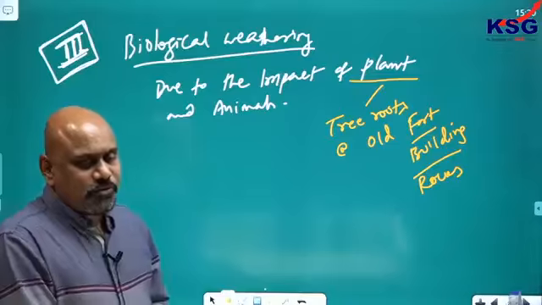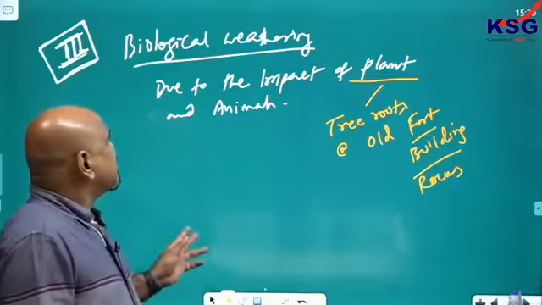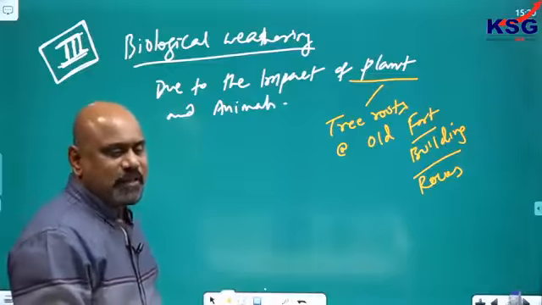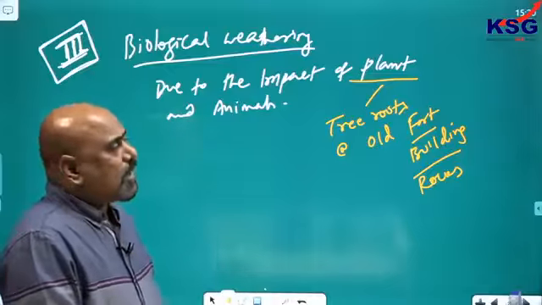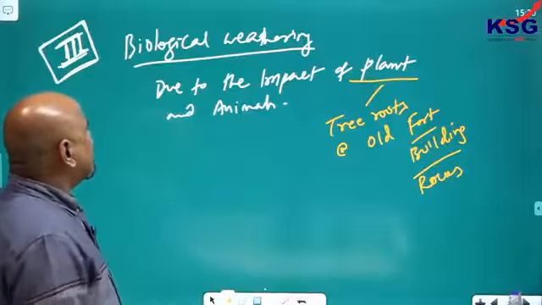Sometimes the tree roots are splitting the rocks and they weaken the rock strata. You can see that is a very good example of biological weathering.